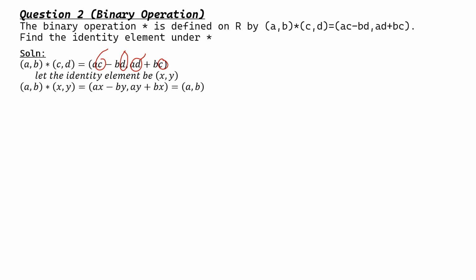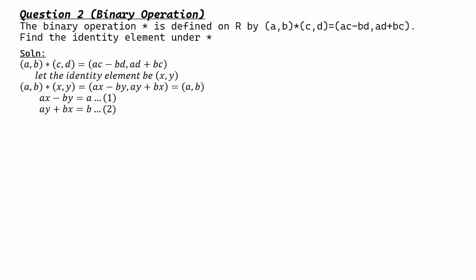Meaning AB star XY giving us AX minus BY, AY plus BX giving us AB. So we can equate this to this from what we've done so far. And that will help us find the identity element. So let's look at how it will be like. Okay, so we equate AX minus BY to A since they are the same, and AY plus BX to B.